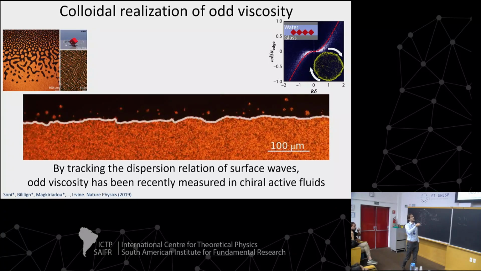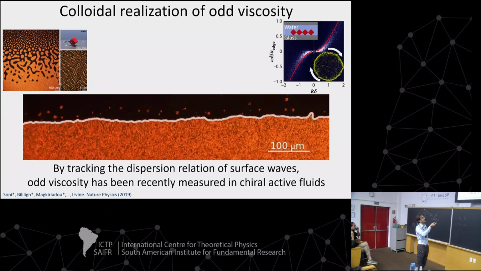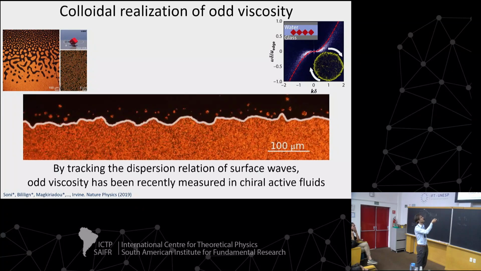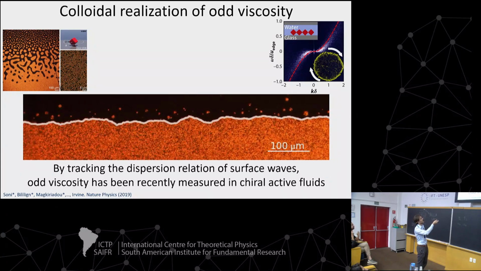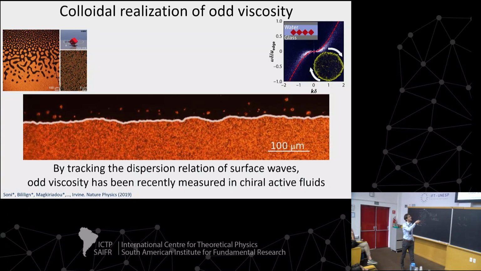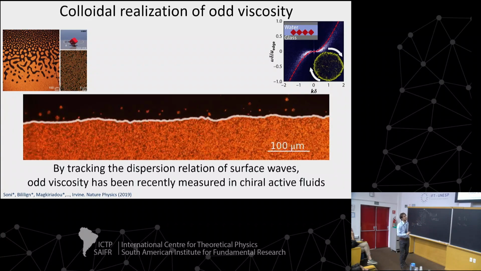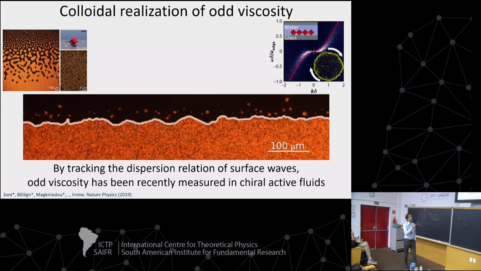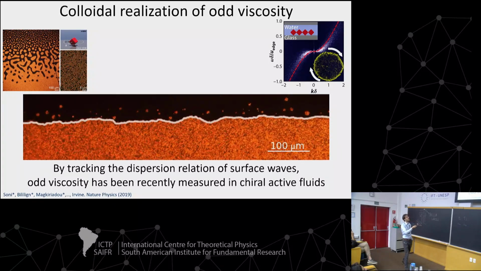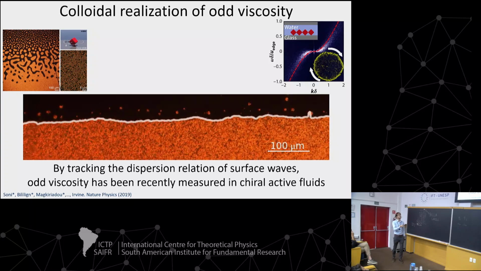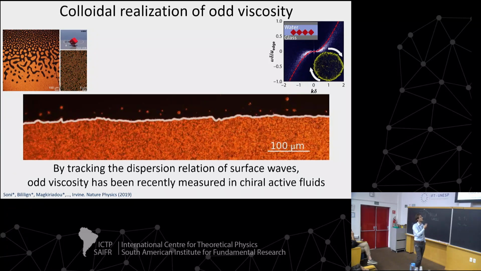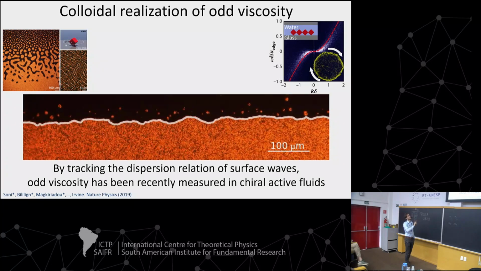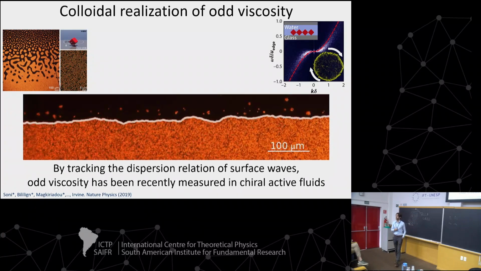But then it turns out that if you measure their dispersion relation, including the real and imaginary parts, the dispersion tells you about the velocity of these waves as well as their decay time. You'll find interesting new hydrodynamic coefficients that aren't allowed in equilibrium. One of these is what I wanted to talk about, this odd viscosity coefficient, that's necessary to understand these surface waves.